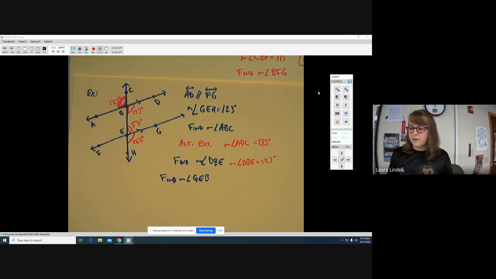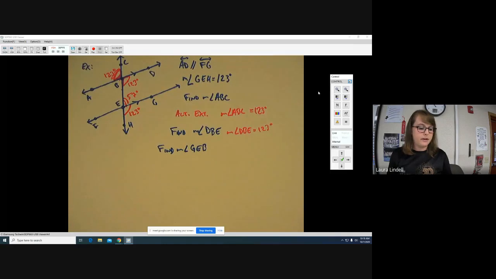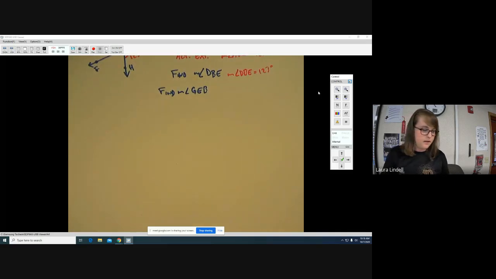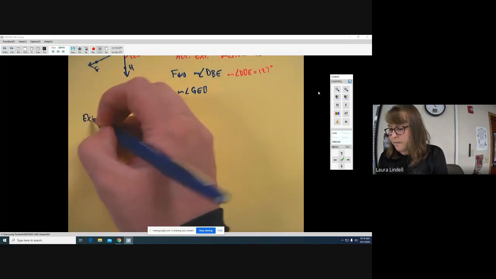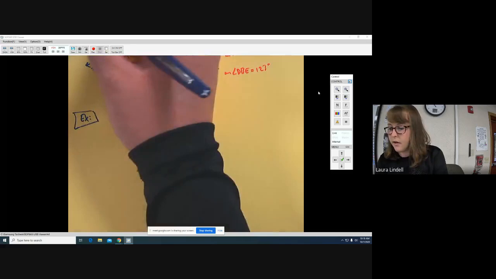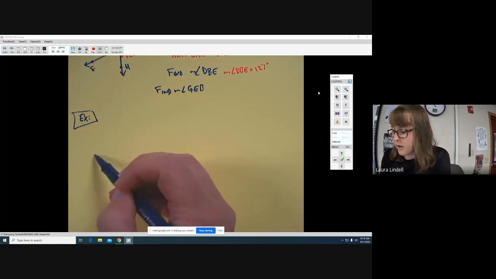The last one that we're going to do as a group writing down in the notes is going to be a little bit more complicated looking of a picture. But it's going to be an interesting one. And this isn't one that you'll necessarily see on your assignment for today, but it is a good one to be aware of because you might see it on your assignment tomorrow.